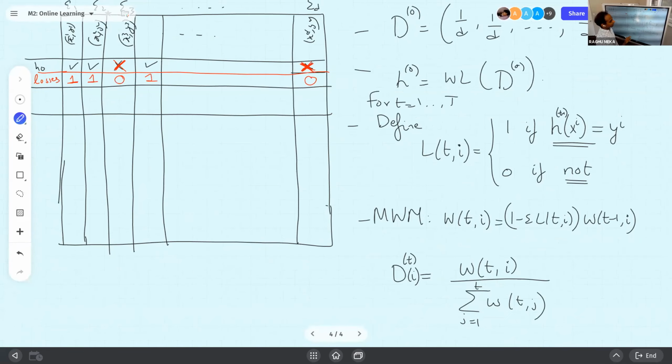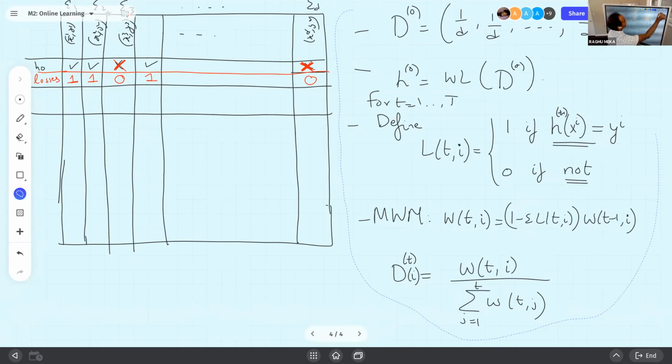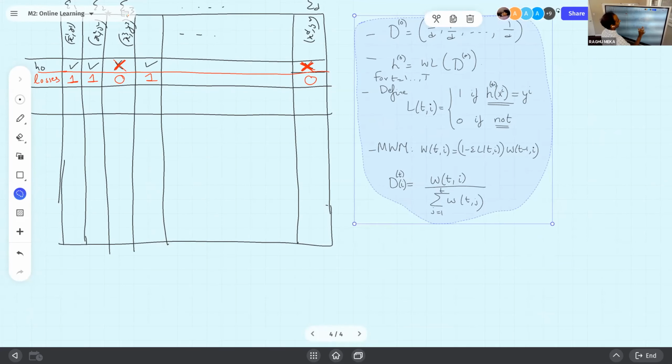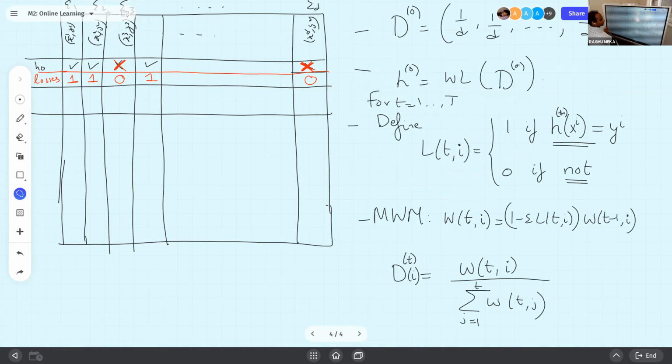So this is my full boosting algorithm. And all I did was reimagine the boosting question in the learning with experts framework.